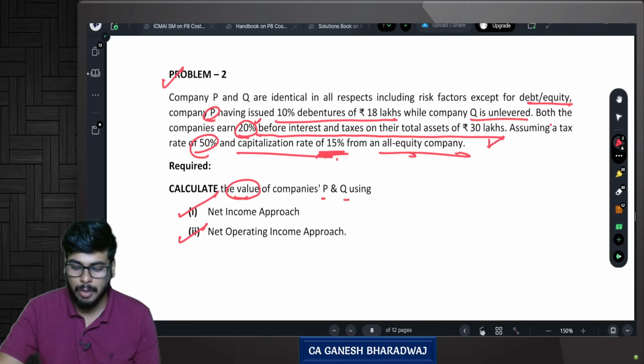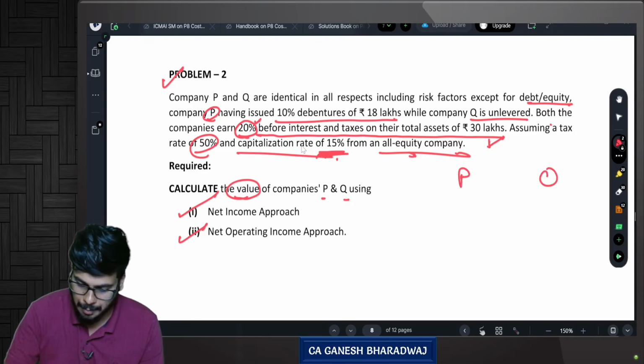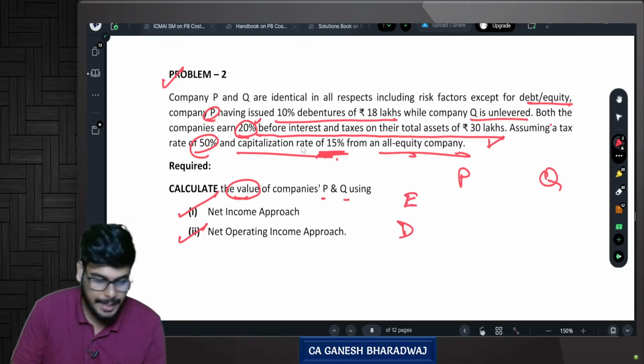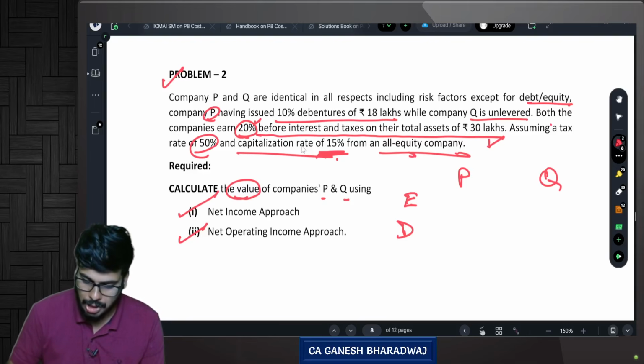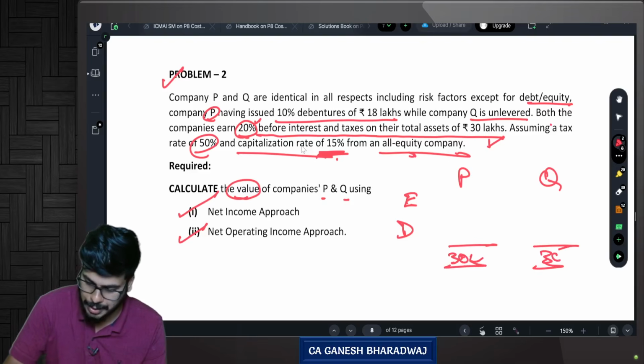Right now, what is it that we need to do? What is given in this particular question? There are 2 companies, company P and company Q, with equity and debt. Overall, the company has raised how much? 30 lakh rupees, total assets.